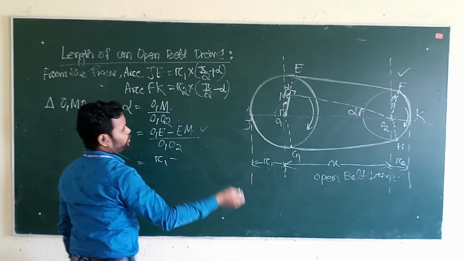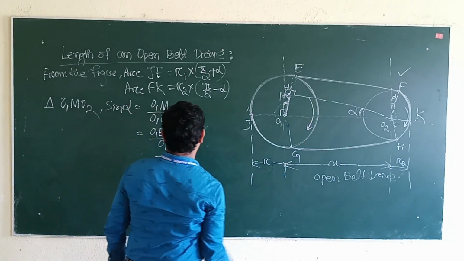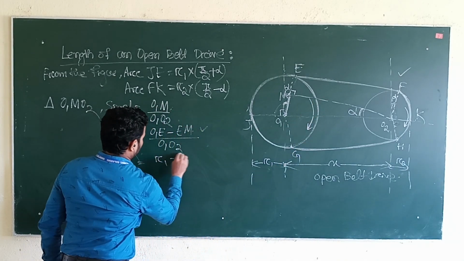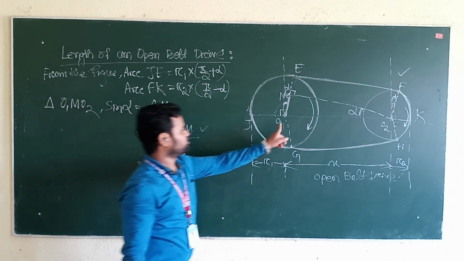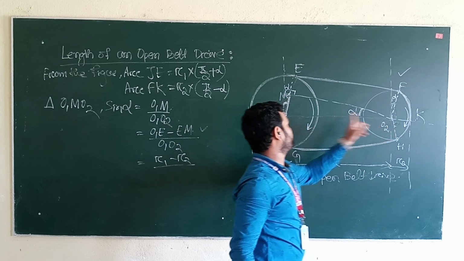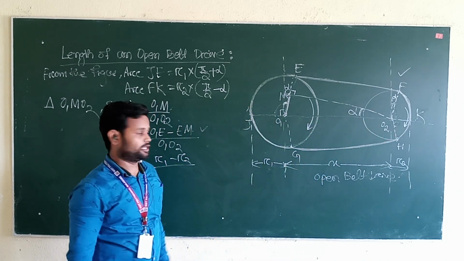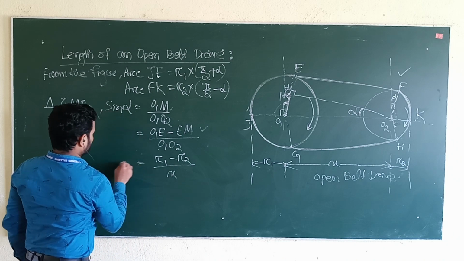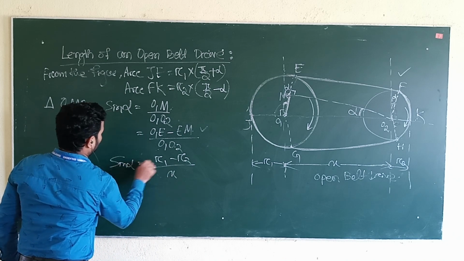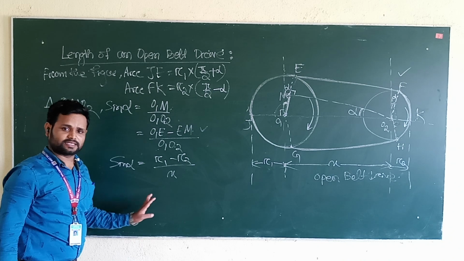So EM equal to O2F equal to R2. So R1 minus R2 divided by O1O2, which is the distance from the center of the larger pulley to the center of the smaller pulley. That is X. So O1O2 you can write X. So sin alpha equal to (R1 minus R2) by X.